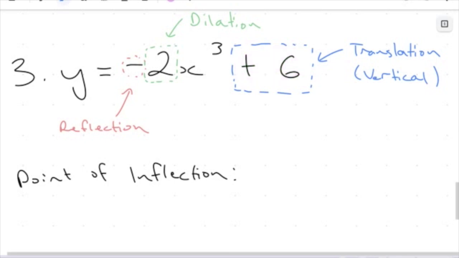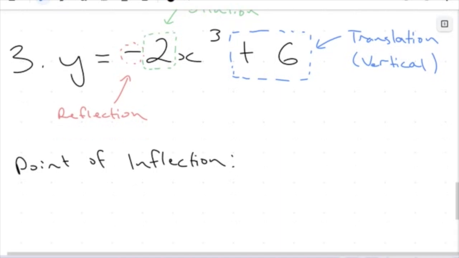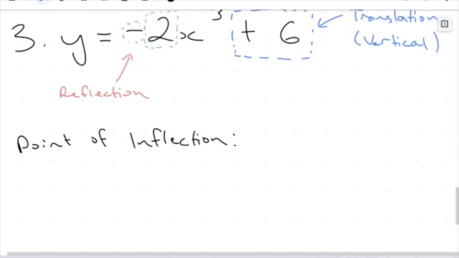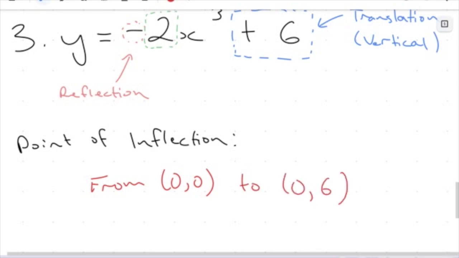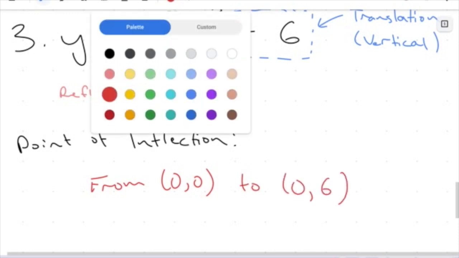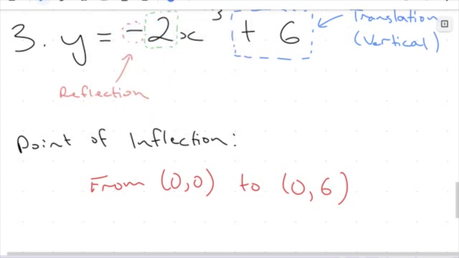So everything, including our point of inflection, goes up 6 units. So it's going to go from 0, 0 to 0, 6. Because this is vertical, it's acting on the y coordinate. So the y coordinate is increasing from 0 up to 6.